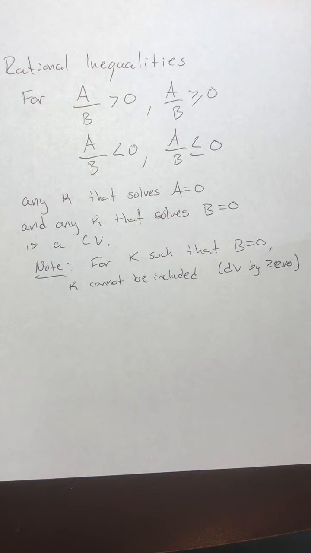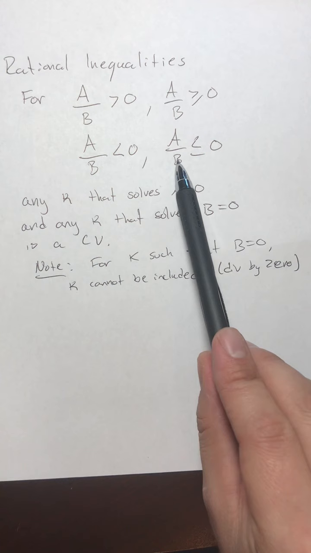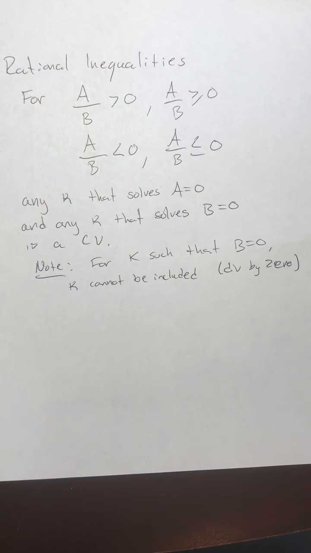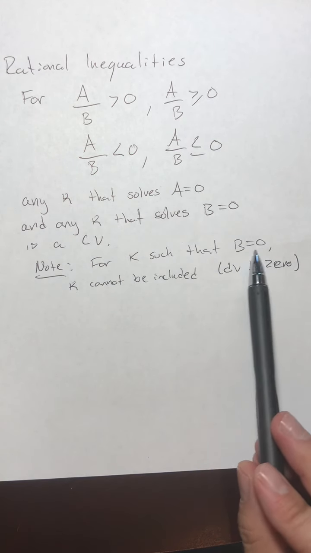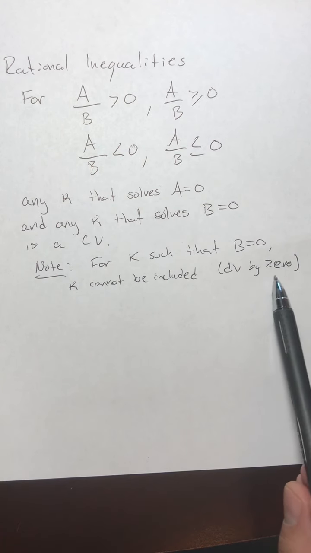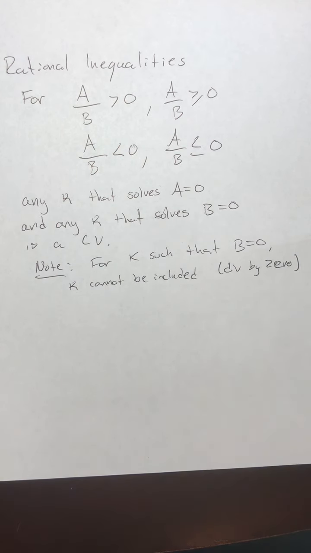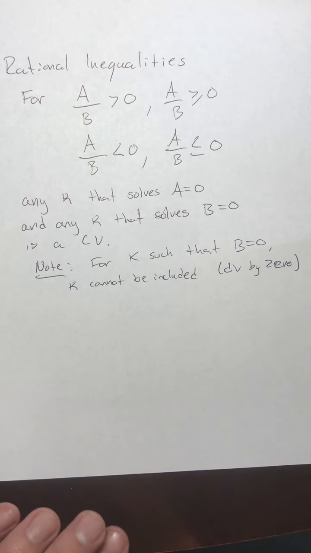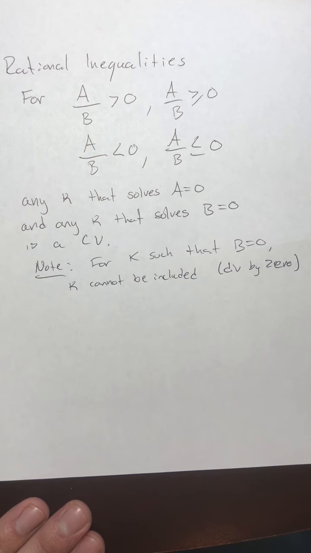If we use set inclusion, so closed brackets, for any x values that were critical values coming from the denominator set equal to 0, we would actually be saying we're dividing by 0, and of course division by 0 is undefined.